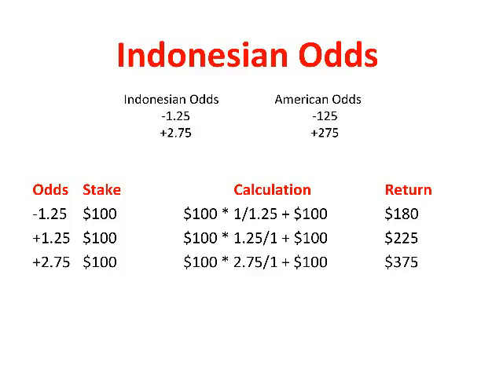Indonesian plus 2.75 is equivalent to American plus 275, and so on. Who doesn't know how an American odds is calculated? You may study it by watching a separate video linked below in the description to this video.